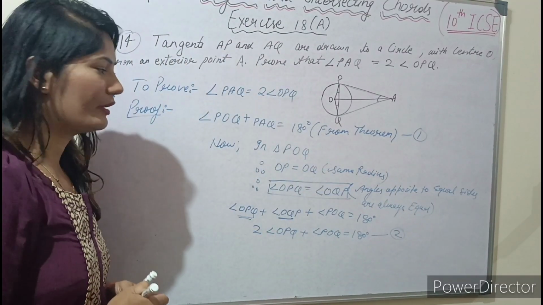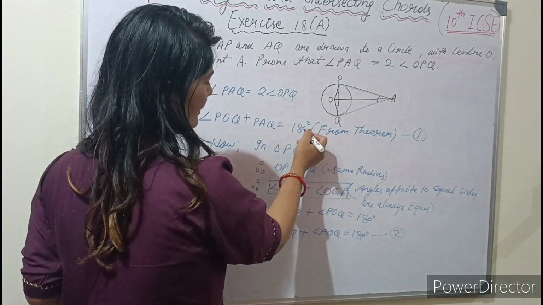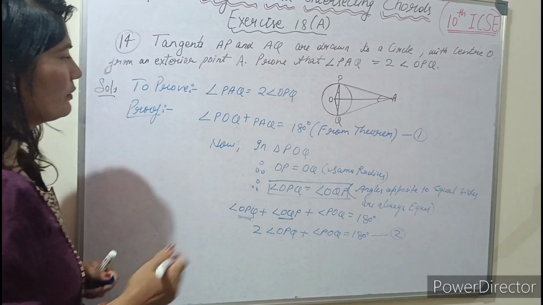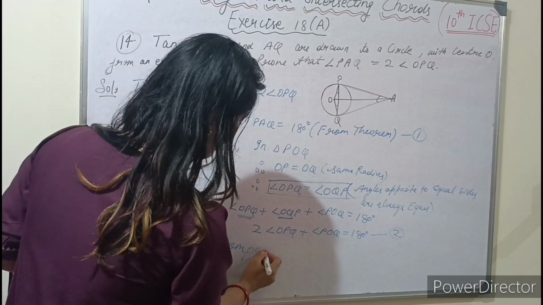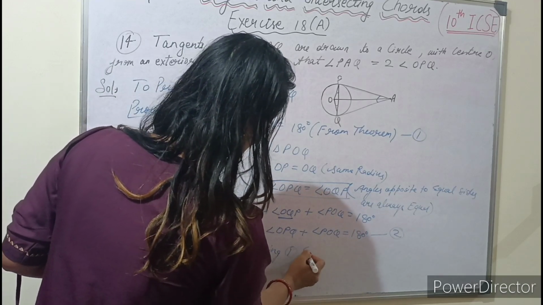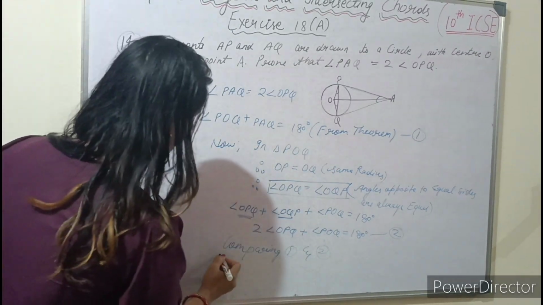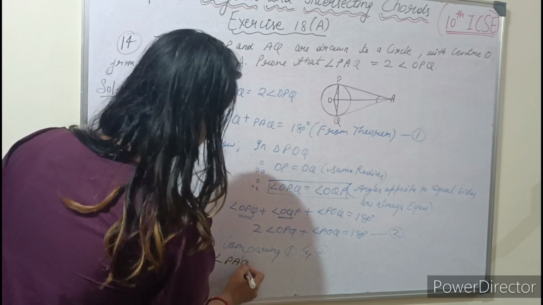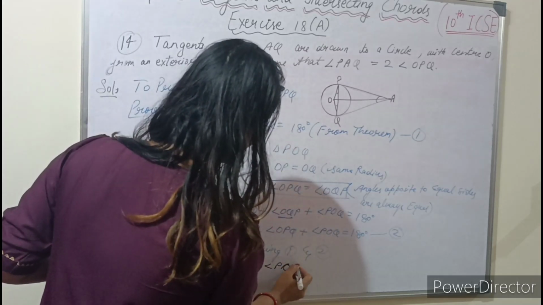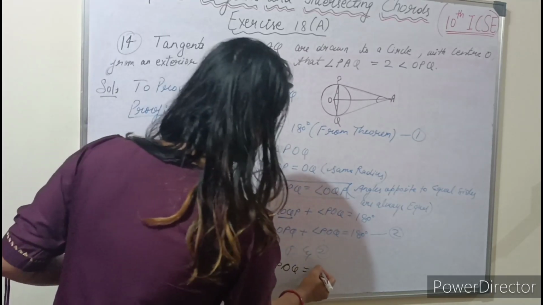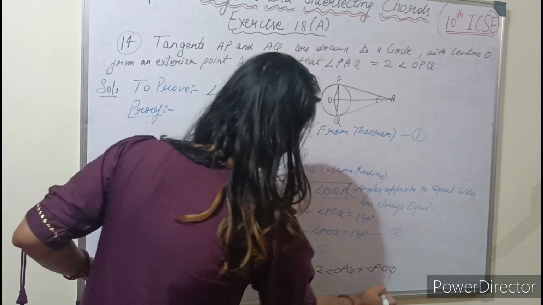So now if you compare equation 1 and equation 2, you will see this RHS part is 180, this is also 180, so both are the same. So simply equate the LHS part. By comparing equation 1 and equation 2, you will get angle PAQ plus angle POQ is equal to twice of angle OPQ plus angle POQ.